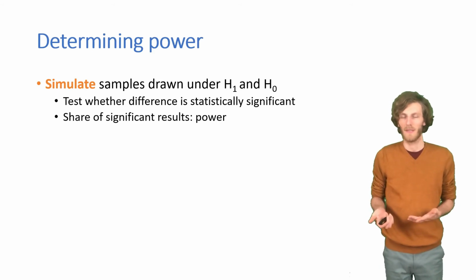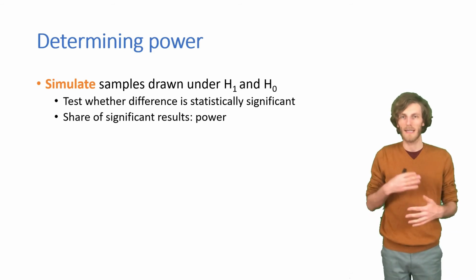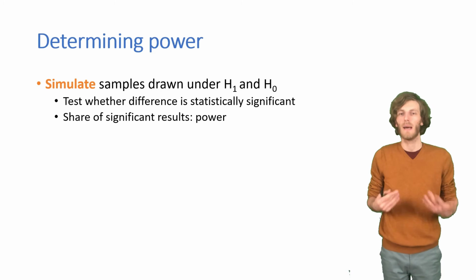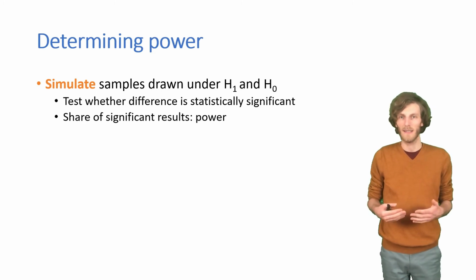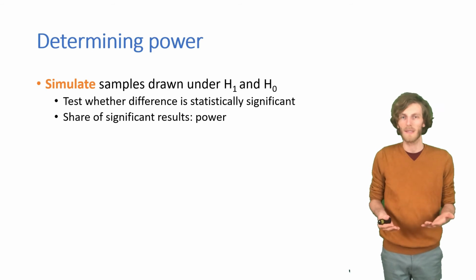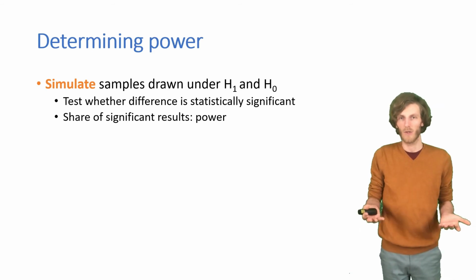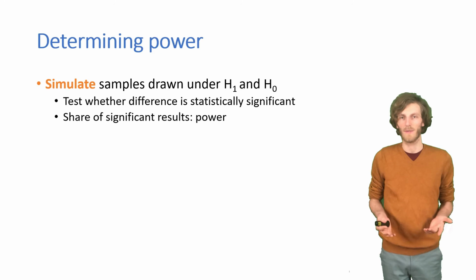And the share of significant results is exactly what power is about. So if we simulate running our study many times, power indicates how likely we are to find the result. So if we then run it many times, the share of successes should correspond to the likelihood of success.